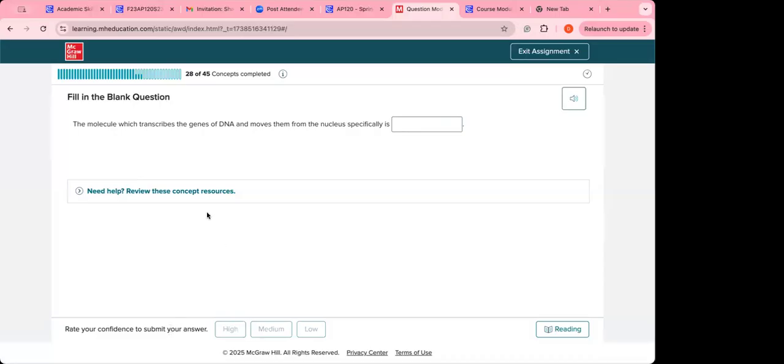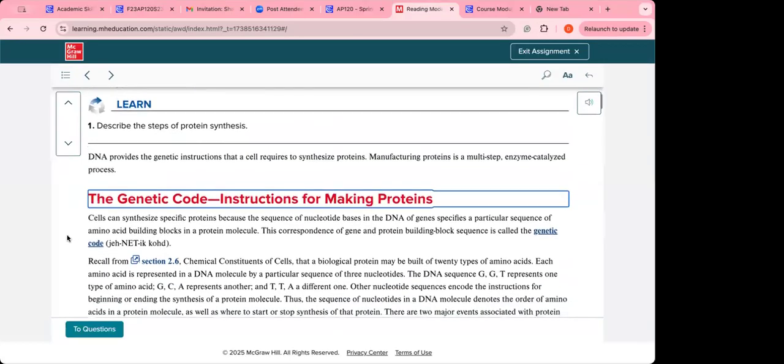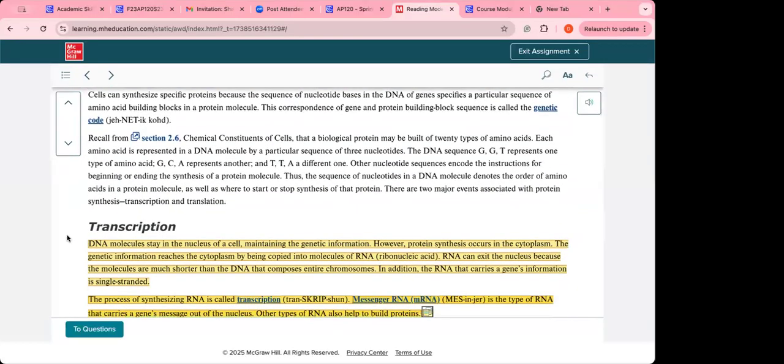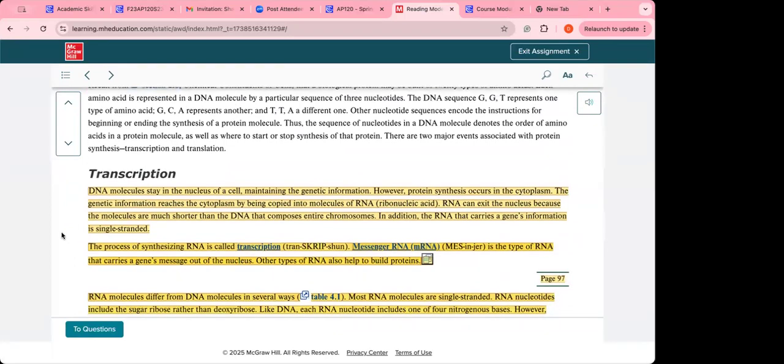Let's look up the passage in the book. mRNA is the type.